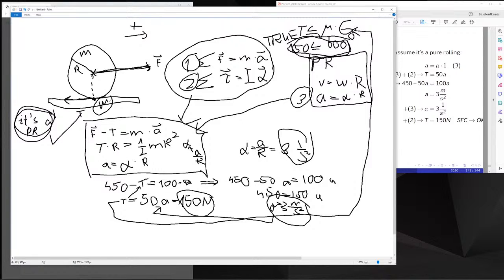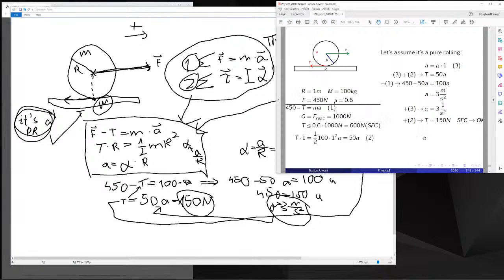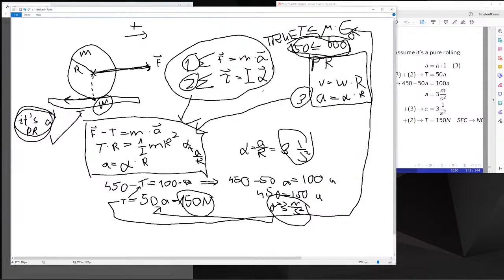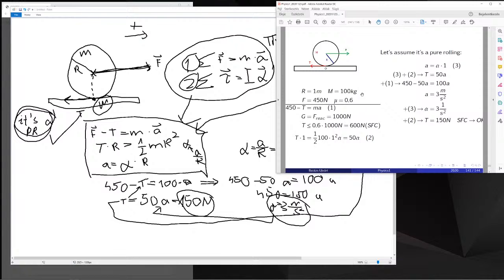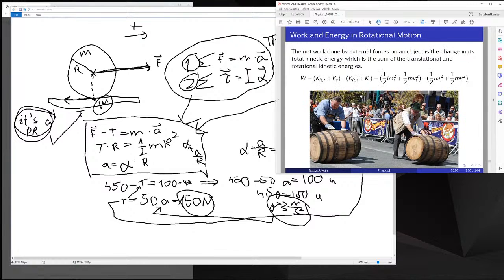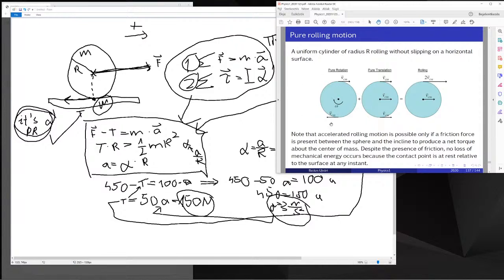Next time we will see how to solve it if mu is small, and unfortunately it won't be true. So pure rolling means mu is large enough to have enough static force to rotate the body. The condition of pure rolling you can find in the presentation.